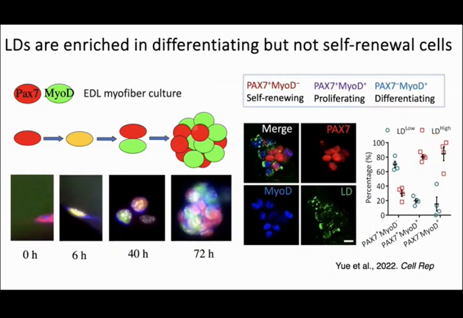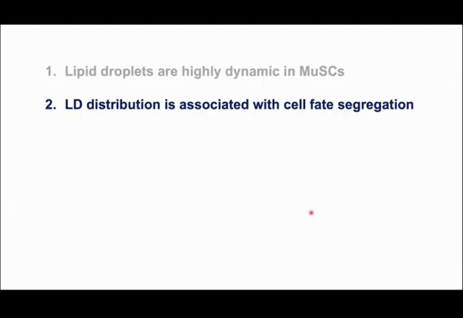And then we use the same protocol here. When you culture a cell cluster, you have a red and a green cell. We can also find that the red cell has fewer droplets than this blue cell here. So the droplets are mostly with the blue cell. This part suggests that the lipid droplet distribution is associated with cell fate.